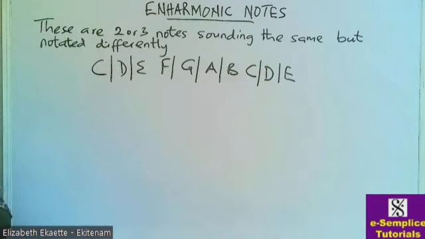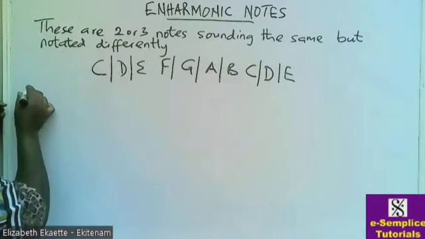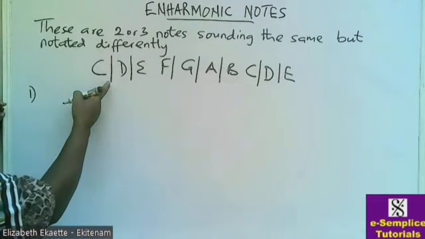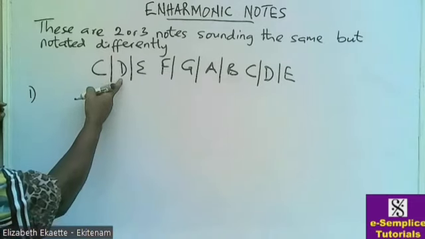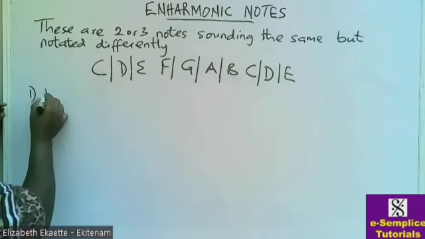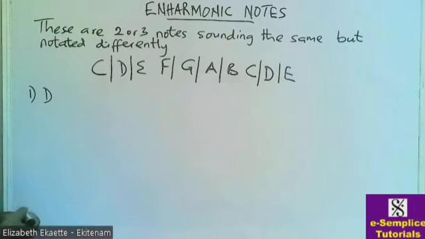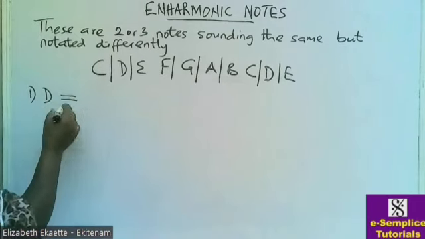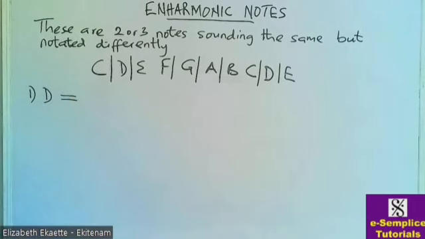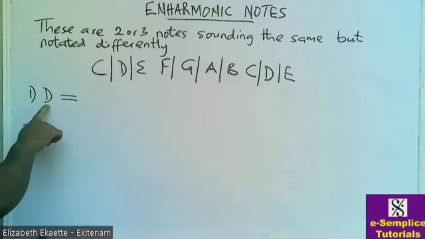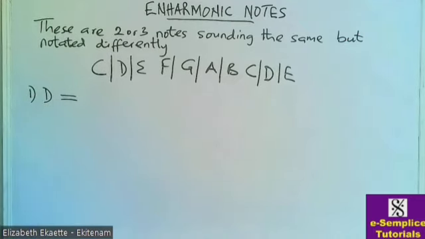Let's just take an example. Let's say number 1. Let's take letter D. If you are asked to write 2 other notes that will sound exactly like D, but they will be written differently, how do you go about it?